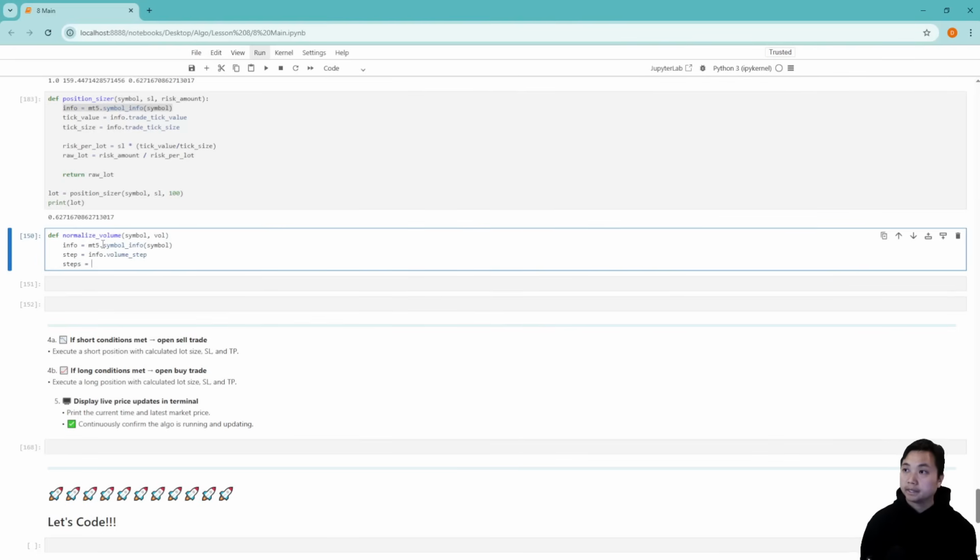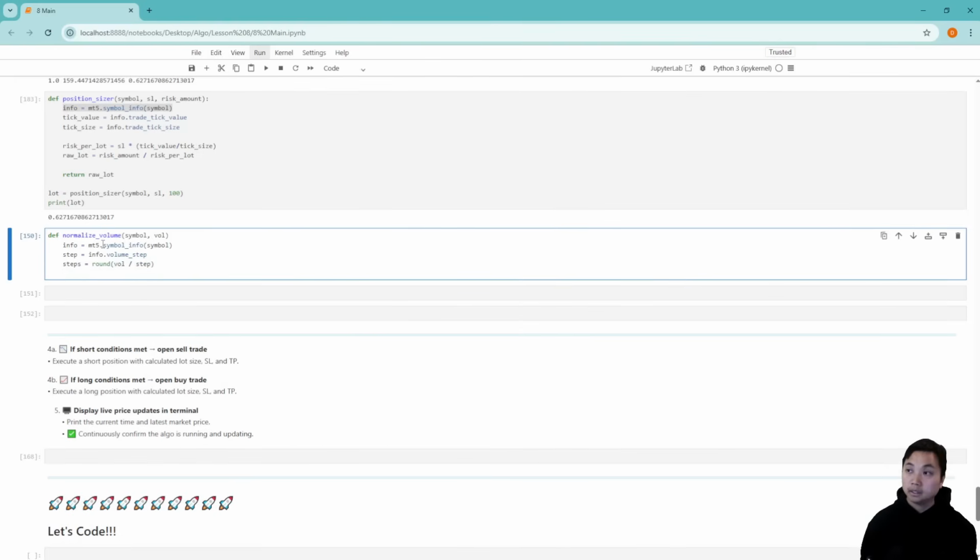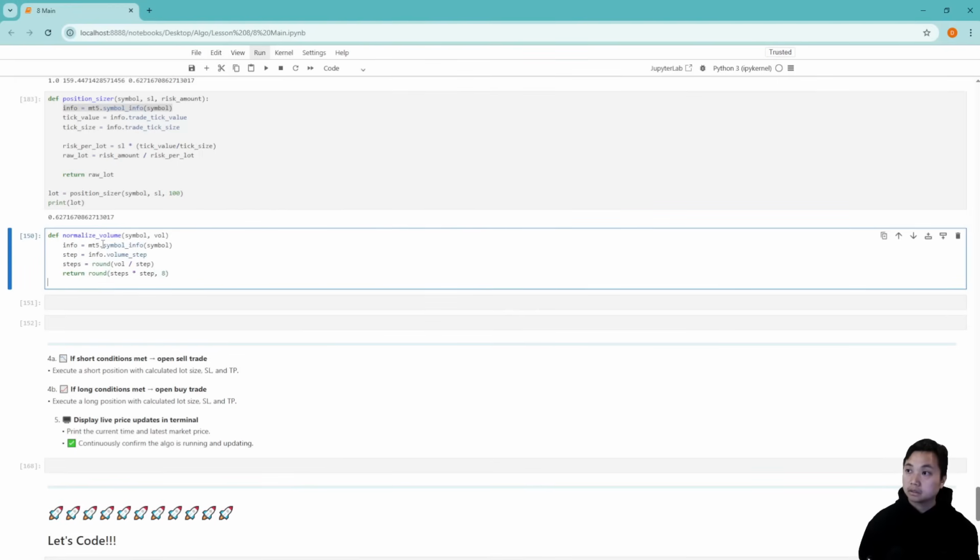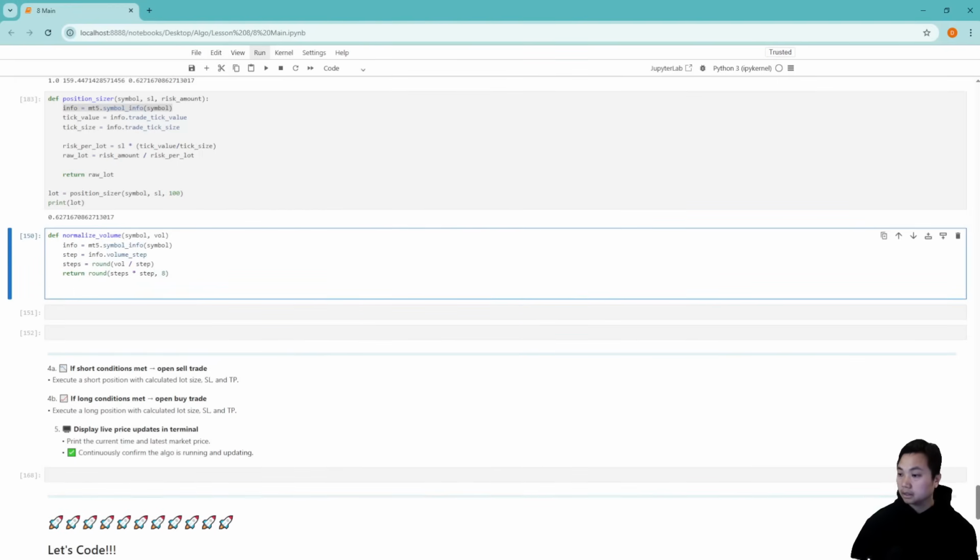And then we define the steps, so how many steps we are having based on the difference between the ticks. And then we compute the current lot in steps, and round to the decimal place.